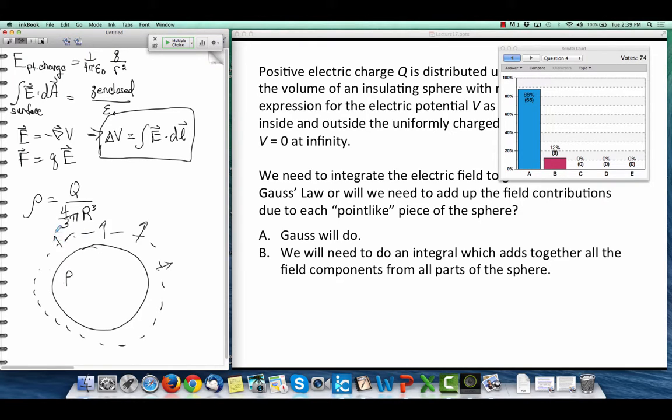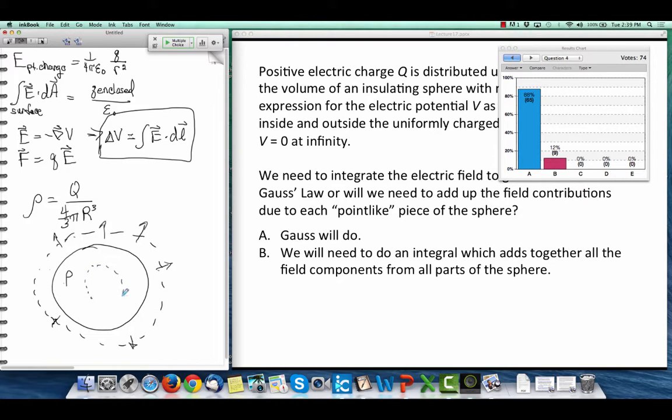Positive charge again, so the electric field is the same magnitude everywhere on the Gaussian surface, and it's parallel to dA everywhere on the Gaussian surface. So the left-hand side of Gauss's law is easy to do, and the charge enclosed is fairly easy to do also.